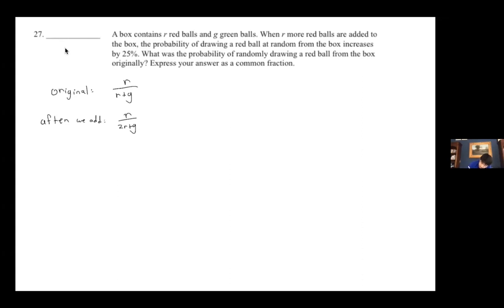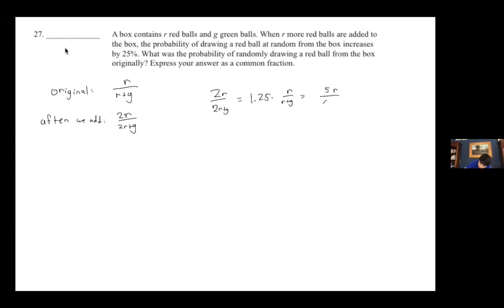So that means our new probability, 2R over 2R plus G, equals 1.25 times the old probability, or 5/4.